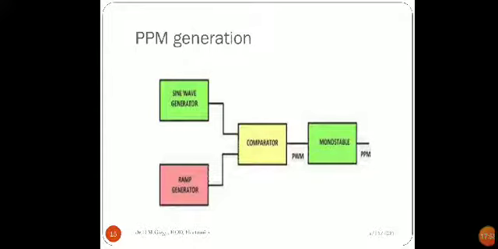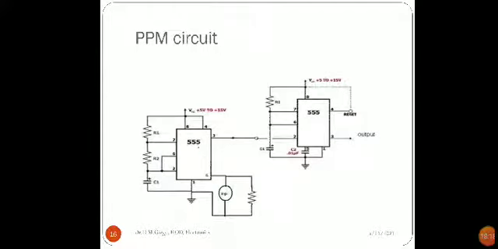So sine wave generator, ramp generator and comparator, these blocks are of PWM. To the PWM output, if you connect a monostable, or another way, if you connect a simple differentiator, then also a PPM signal is generated.